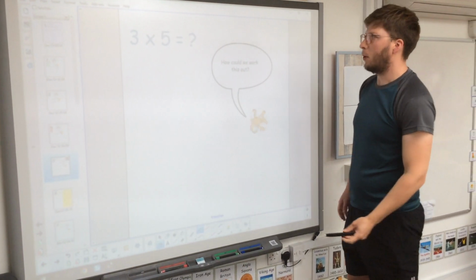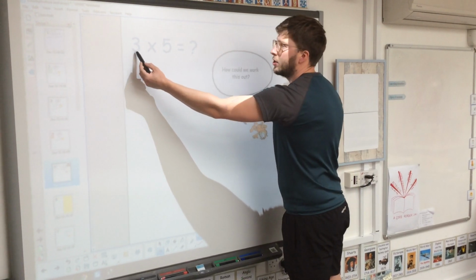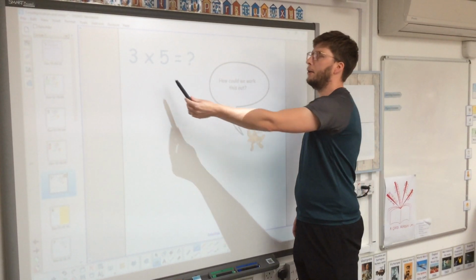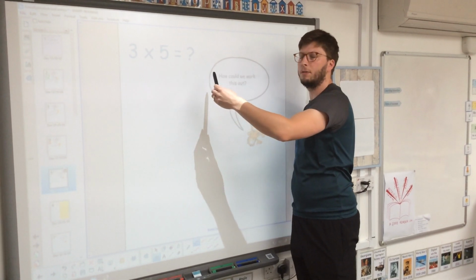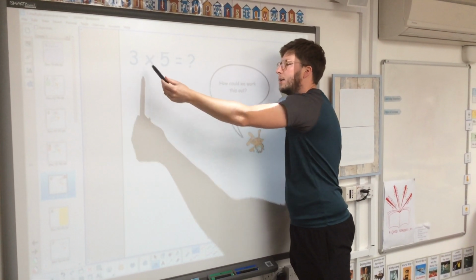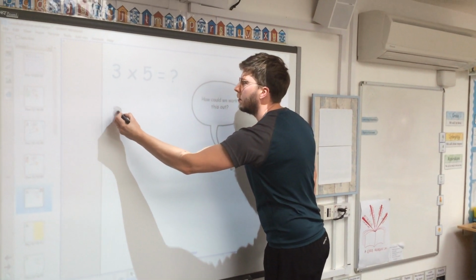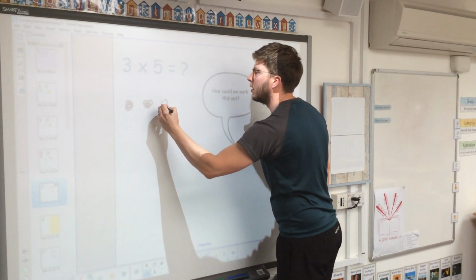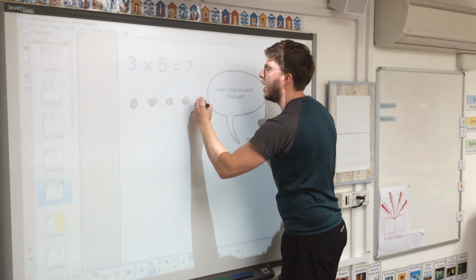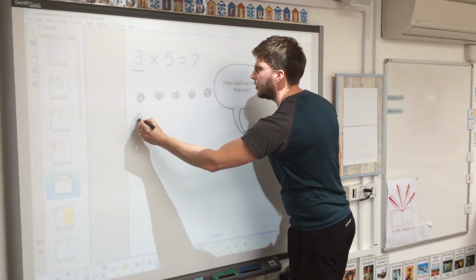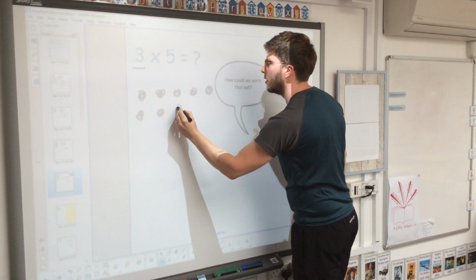Right. This one, we've got the number sentence, 3 lots of 5. Can you draw me an array to show 3 lots of 5? So what would an array look like? So 1 lot of 5. What would 1 lot of 5 look like? Well, there's 1 lot of 5. And we need 3 lots of 5. Well, let's do another lot of 5.